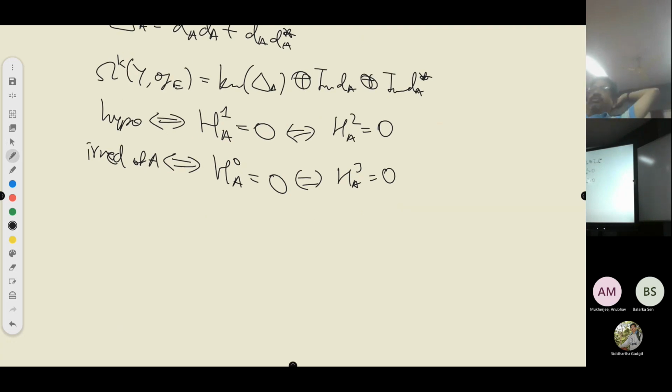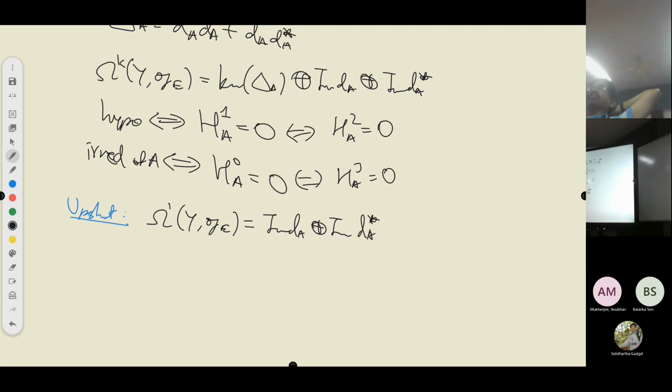Okay, under this hypothesis, what is the upshot of this? Assuming we have the hypothesis, this is now equal to image dA direct sum image dA star.